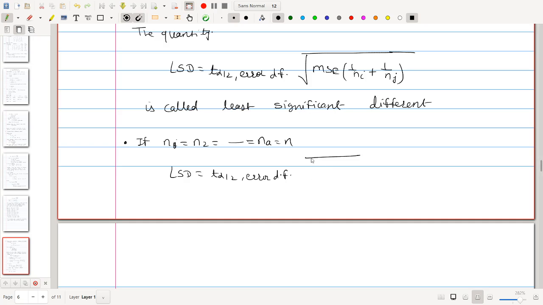So it is under root of 2 times MSE upon n. This formula is used when ni's are the same, and the earlier formula is used when ni's are different.